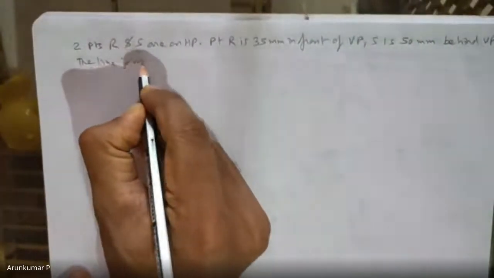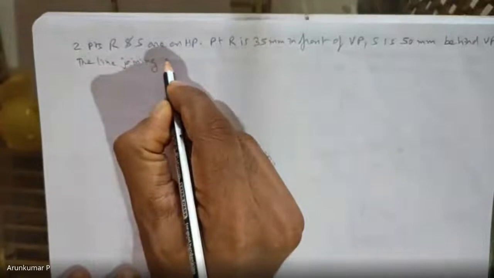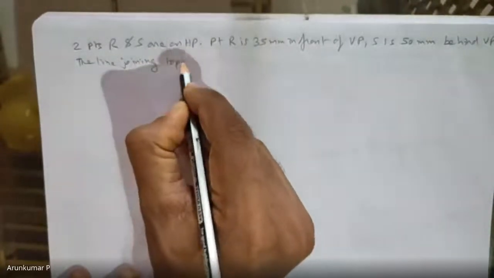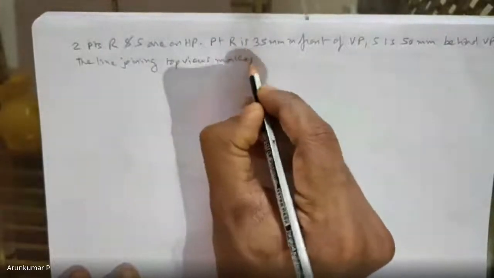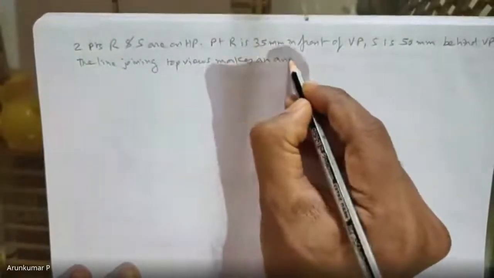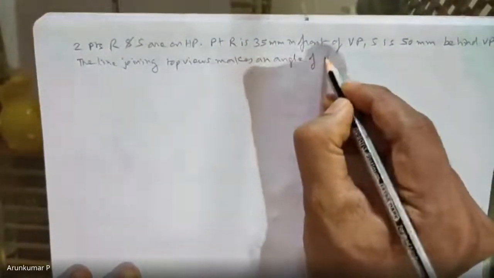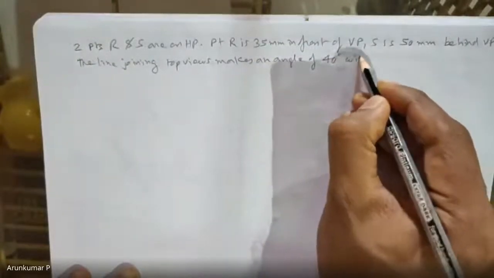The line joining the top views makes an angle of 40 degrees with XY.